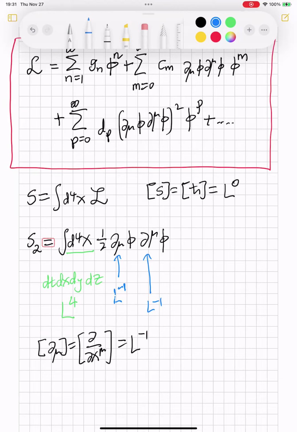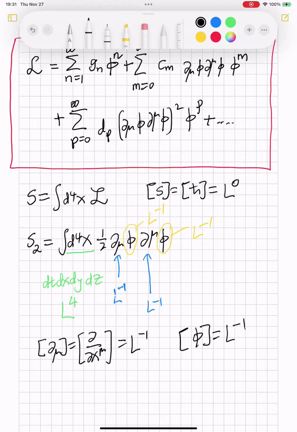Because we want the action to be dimensionless, what have we got? We've got length to the 4 times length to the -1 times length to the -1, and we've got a phi and a phi. So it's quite clear that we need both of these to contribute also length to the -1. Then we've got 4 lengths to the -1s, 1 length to the 4. So let's summarize that. We know that phi will also be a length to the -1.